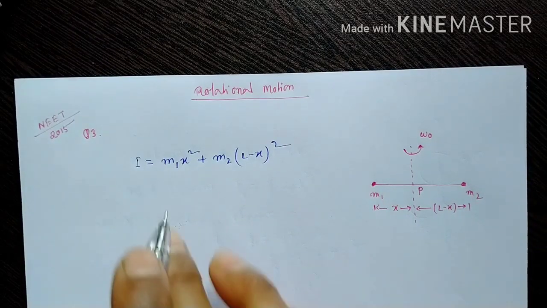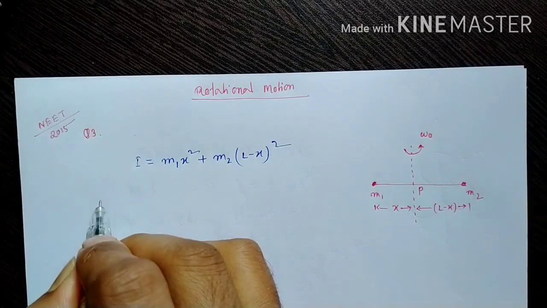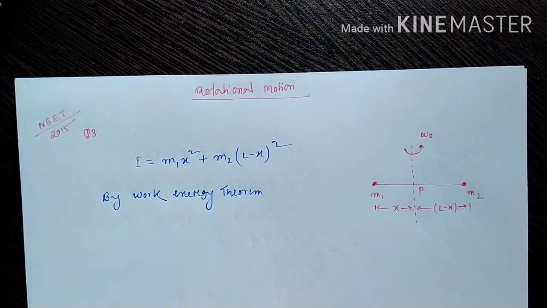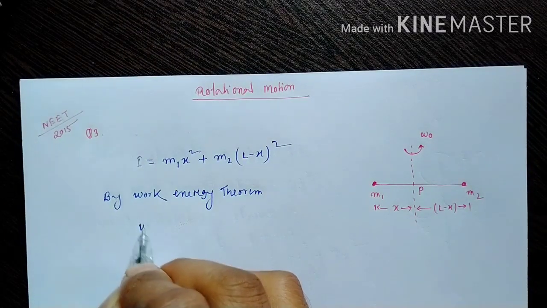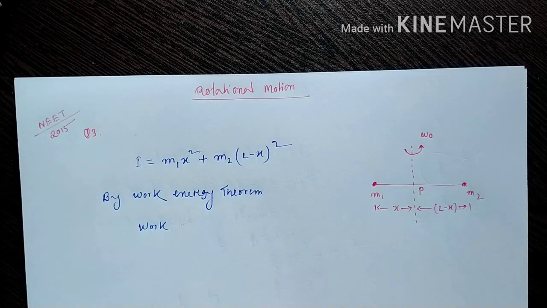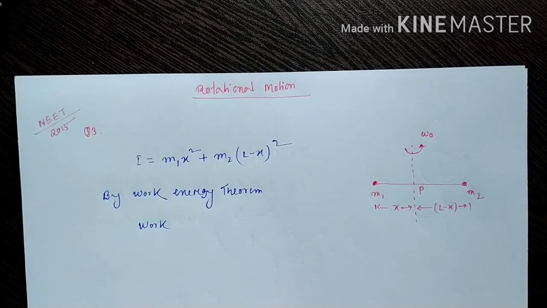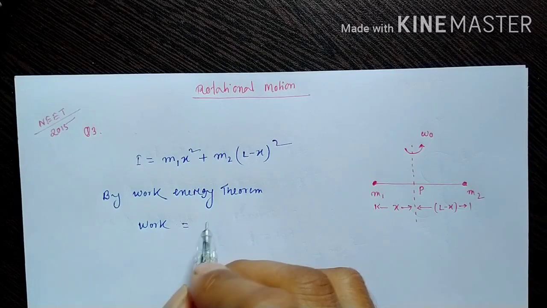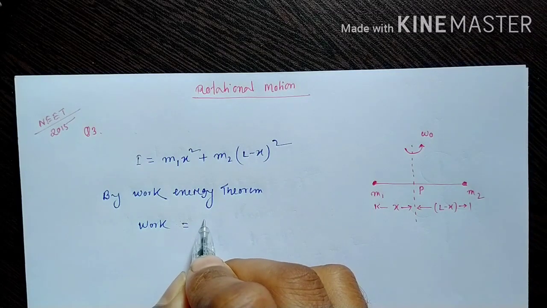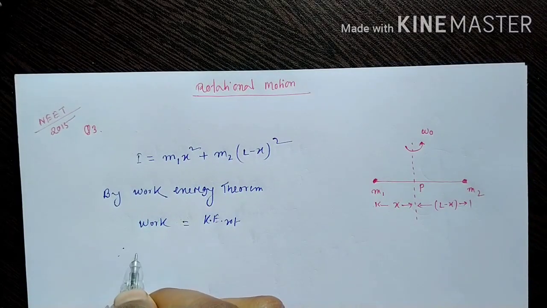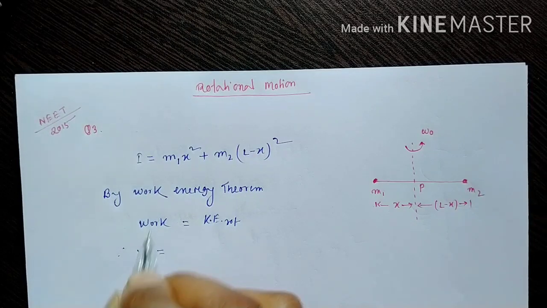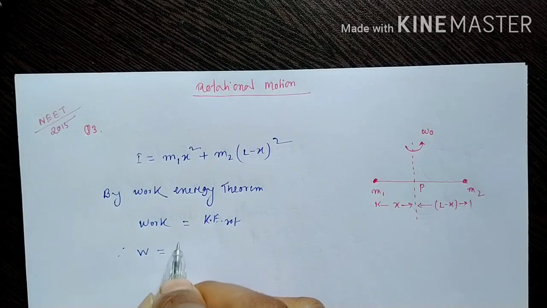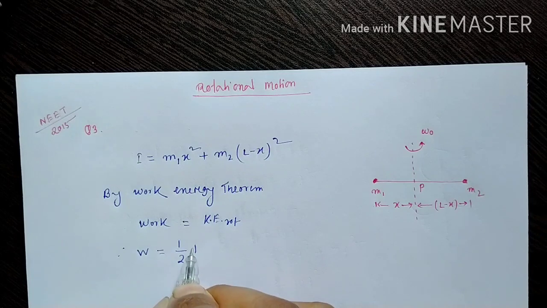Clear? Now it's just simply using the work energy theorem. We know the amount of work done is equal to the total rotational kinetic energy. So work done W is equal to rotational kinetic energy, half I omega square.